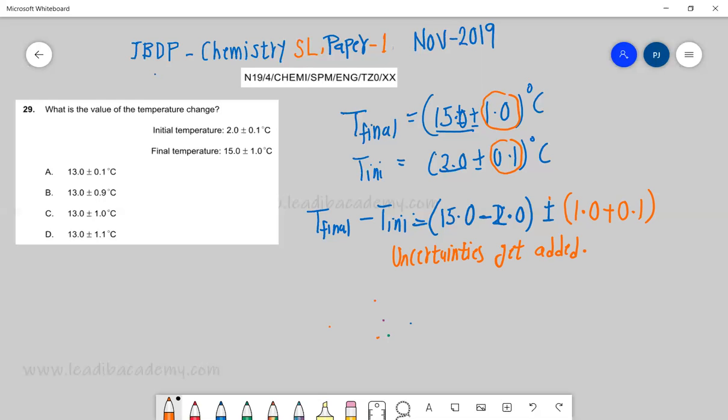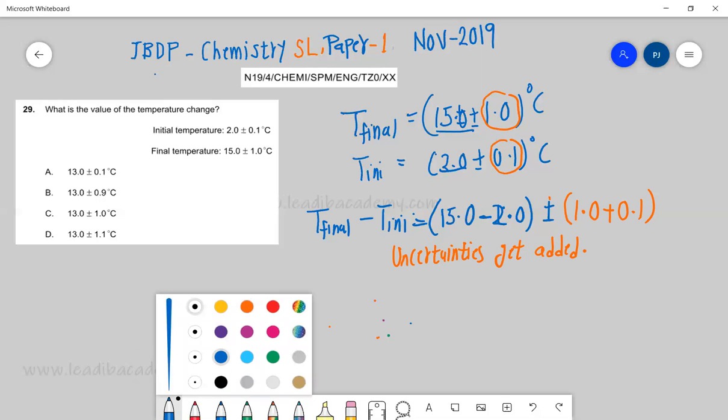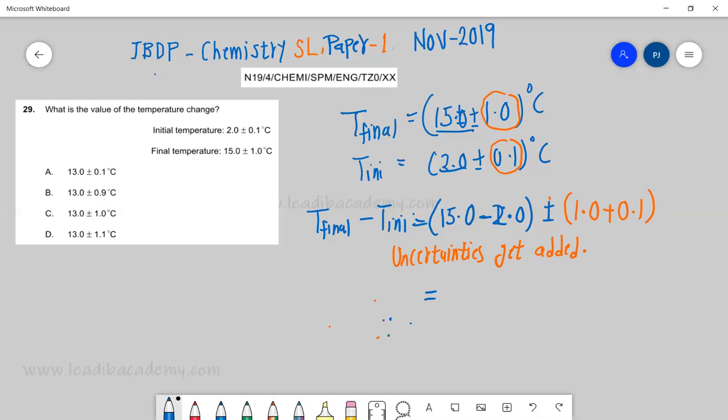So it would be 13 plus or minus 1.1 degrees Celsius, that is 13.0 plus or minus 1.1.